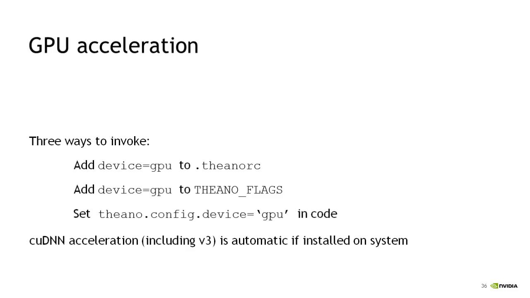And if you have cuDNN installed as part of your CUDA installation, including version 3, then Theano will automatically pick up that it is there and use it to accelerate some of the deep learning tensor operations.